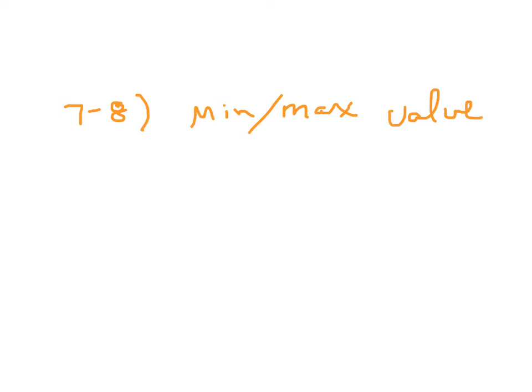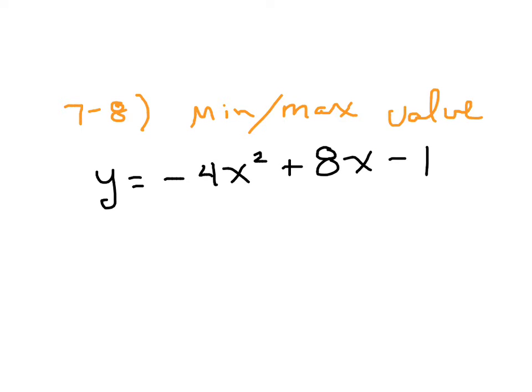And in order for you to do the min and max value, you're going to actually do the same thing again. So let's say it's y equals negative 4x squared plus 8x minus 1, for instance.